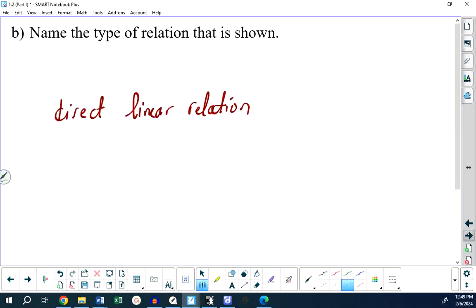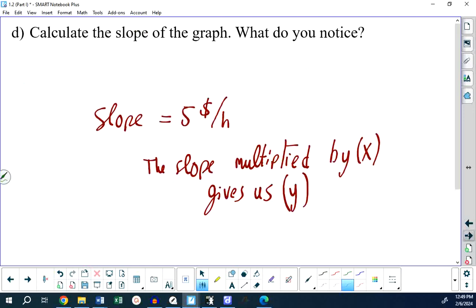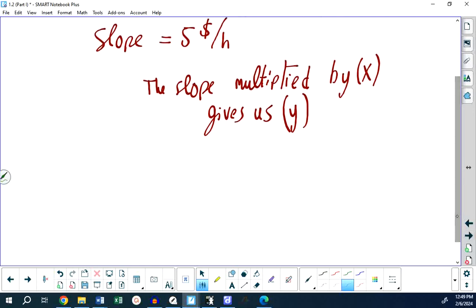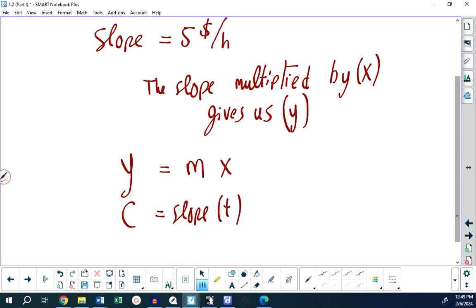I can be more specific to our example. Instead of saying y equals the slope times x, I could say cost equals the slope times time. But this is always the case for direct linear relations. Y will always be the slope times x. Always, always, always.